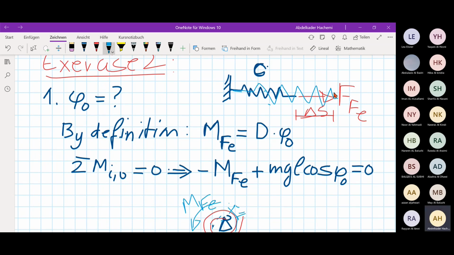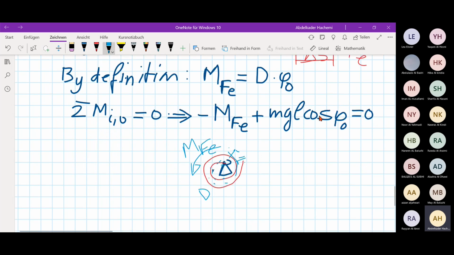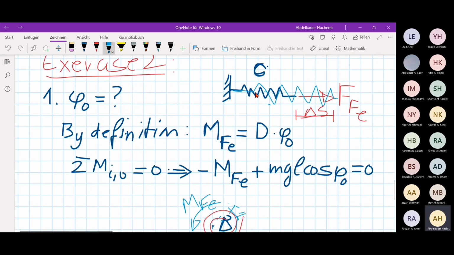It's an equivalent formula. As here, there is a horizontal force, and here there is a moment. If there is a moment, then you have the coefficient multiplied by the rotation. Here there is the force, the coefficient multiplied by the elongation.